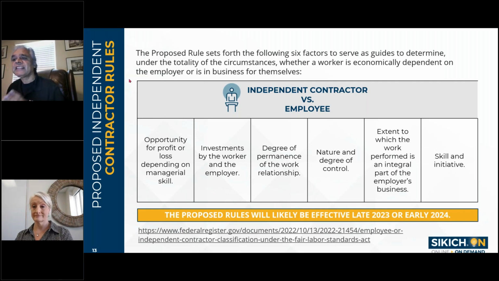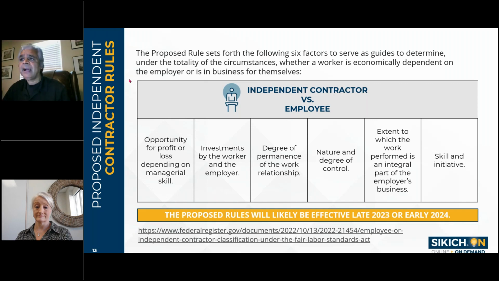So we have listed those 6 conditions, okay? And I'll go over some of those to explain what they mean. So there are basically 6 different criteria the Department of Labor is looking at, to say you have to meet all these criteria and analyze those in order to qualify somebody as an independent contractor, okay? So think about the first one: opportunity for profit or loss depending upon managerial skills, okay?